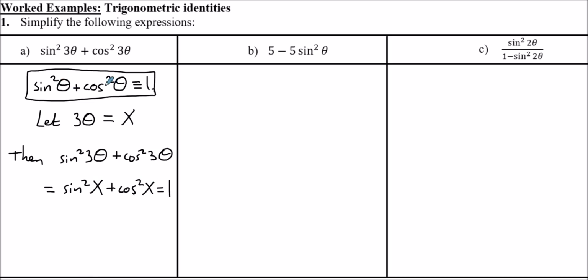Sin squared θ plus cos squared θ, that's the same thing as sin squared X plus cos squared big X. This has to equal 1, because we've got here sin squared of something plus cos squared of the same something. That will always equal 1.